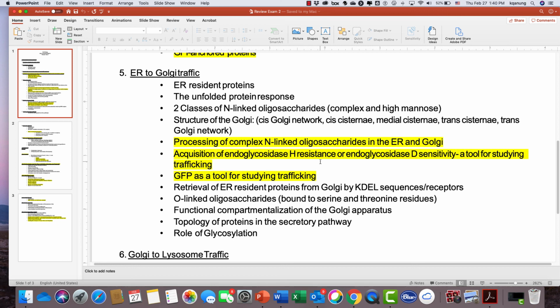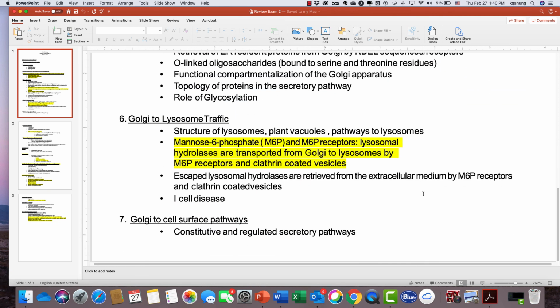So just make sure that when you read these experiments, you will have some critical thinking questions from here. Additional info about endo D, extra material, experimental protocol, is not needed. Remember those mannose 6-phosphate hydrolases, M6P, those are important areas.